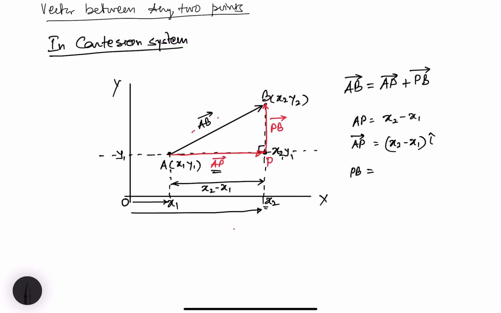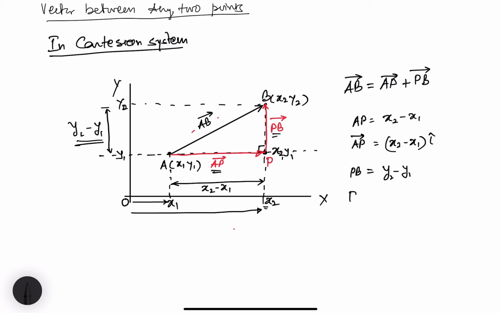You can easily see this point is y2. This is y1. So this length is nothing but y2 minus y1. Am I right? So the length of PB is y2 minus y1.